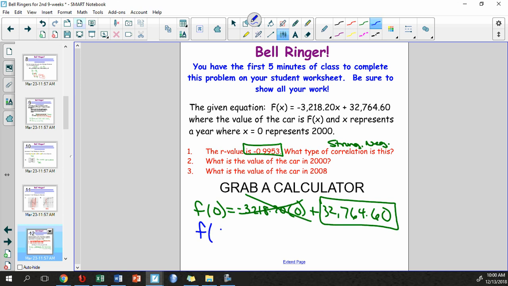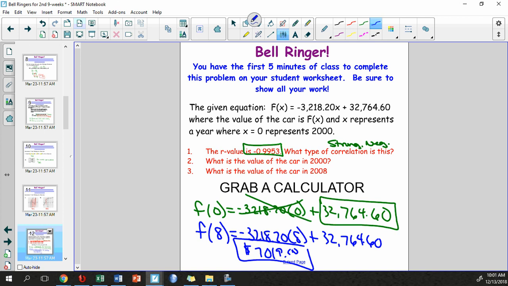Well, that's going to be f at 8. So that's negative 3,218.20 times 8 plus 32,764.60. And if you plug that into your calculator, you will get $7,019 even. Okay.